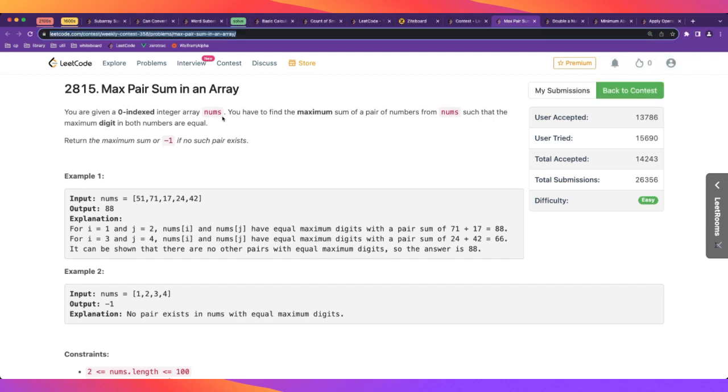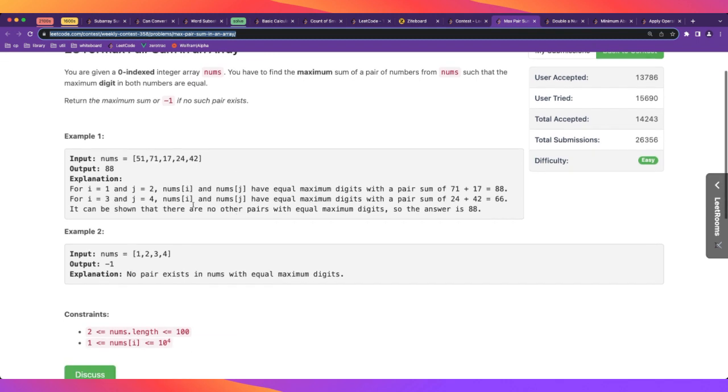You're given an integer array called nums, and you have to find the maximum sum of a pair of numbers from nums such that the maximum digit in both numbers is equal, or -1 if there's no such pair. We have two examples. Here the sum is 88.